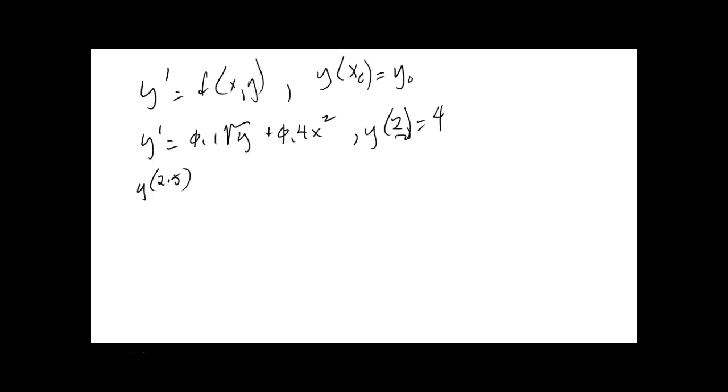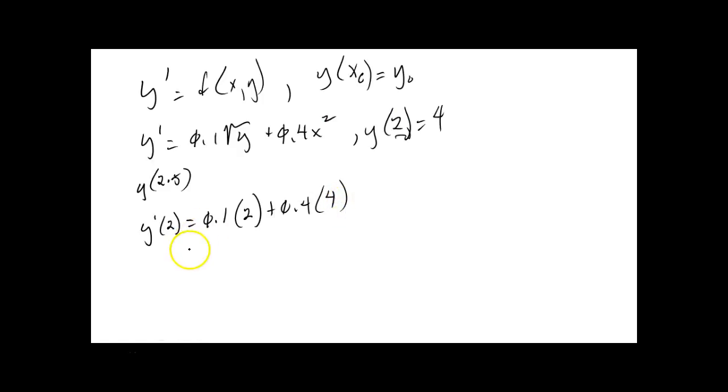So let's start with this and say y prime at 2 is equal to 0.1 times the square root of your y, which is 4. That's going to be 2, plus 0.4 times x squared. X is 2, so that's 4. Okay?